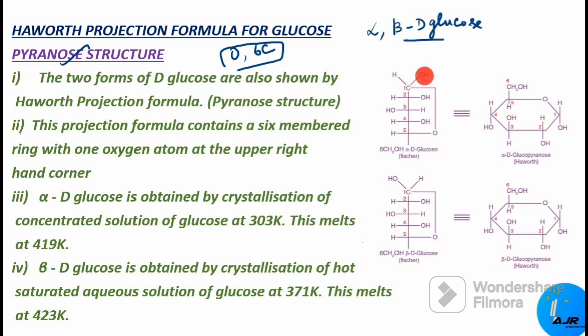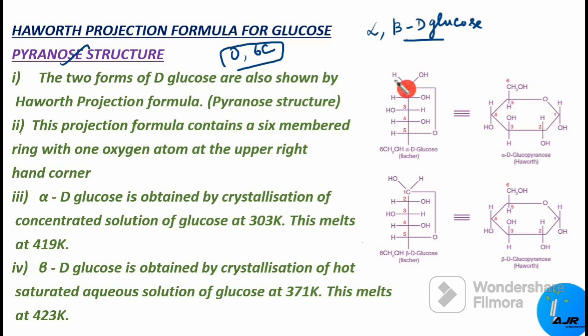The group which is present on the right hand side will be directed below the plane of the ring. See here, this is the C1 carbon. The group which is present on the right hand side is directed below the plane. Next, check C2. OH is present on the right hand side, so it is directed below the plane. Can you understand? Those which are seen on the left hand side are directed above the plane.